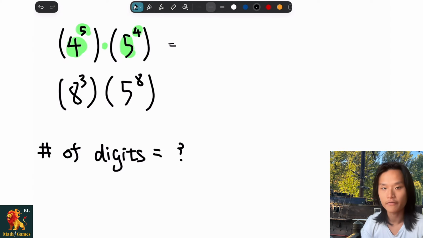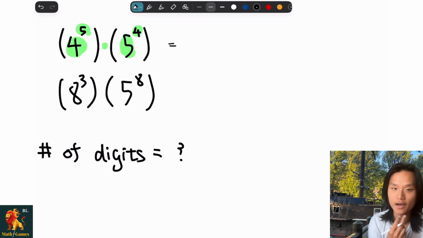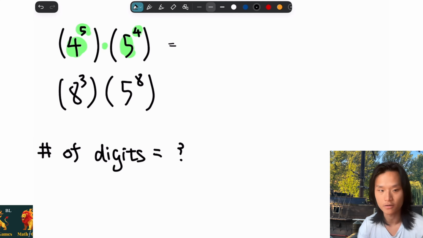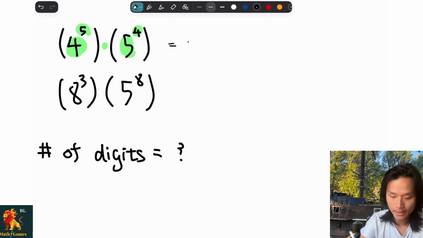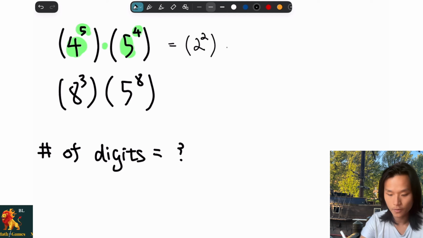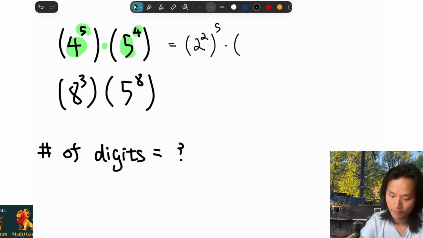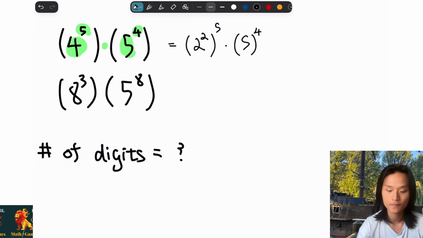So we have 4 multiplied by itself 5 times, and then 5 multiplied by itself 4 times. So what I will do is to rewrite 4 as 2 squared. Okay, so 4 is 2 squared, and then we also have the 5. Then we multiply by 5 raised to the power of 4.